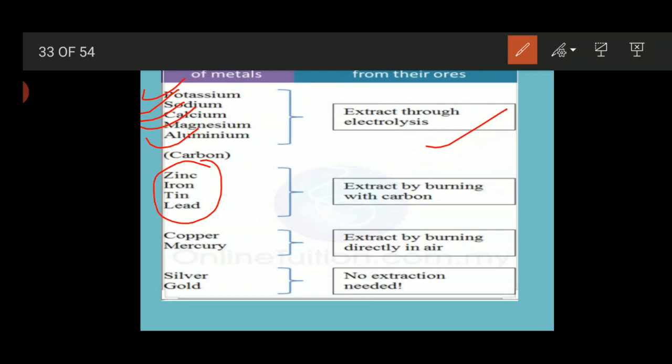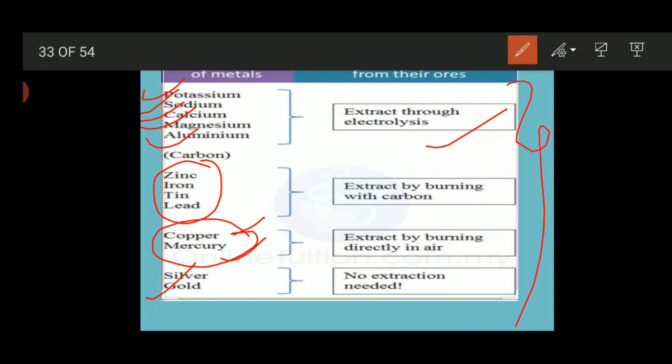After that, copper and mercury come in the category of least reactive or mild reactive, and they undergo extraction with the help of direct heating or the self-reduction method. And last are the least reactive or non-reactive metals, that is silver and gold. They do not need any type of extraction method.